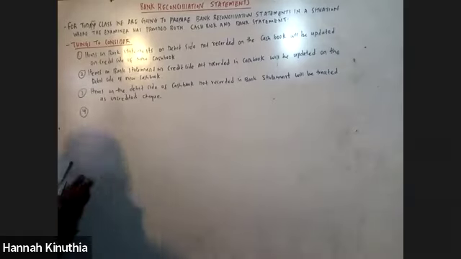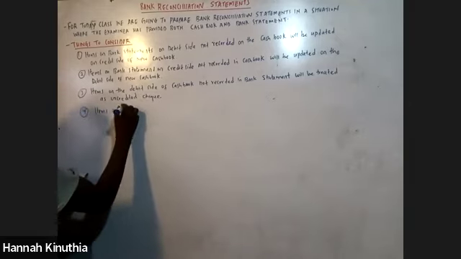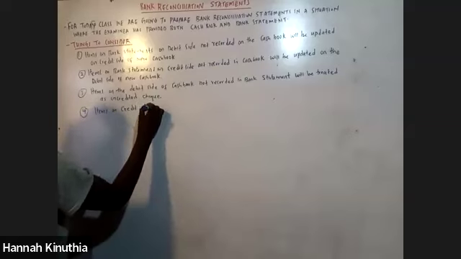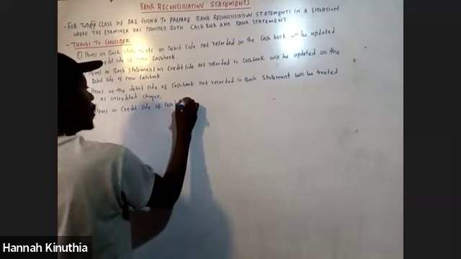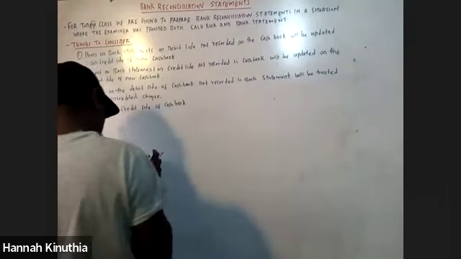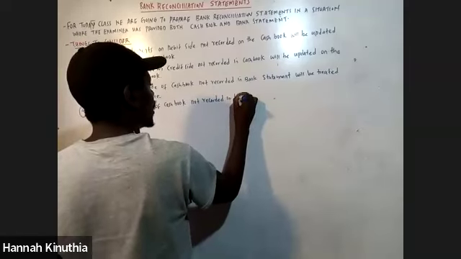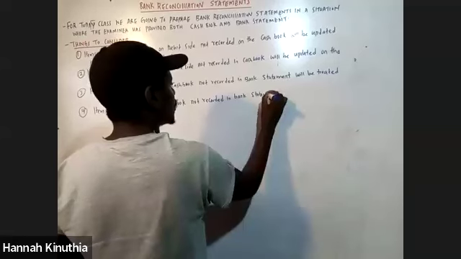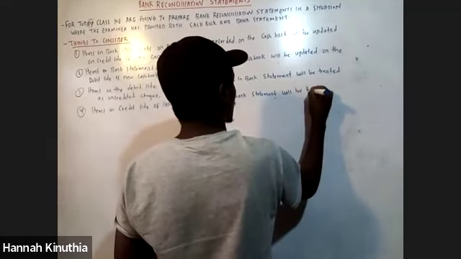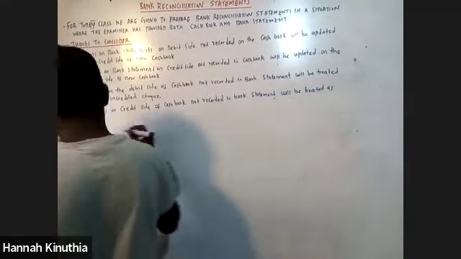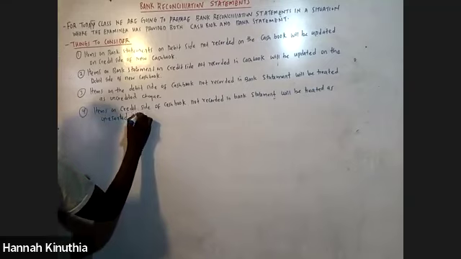Number four, items on the credit side of the cash book not recorded in the bank statement will be treated as unpresented checks.